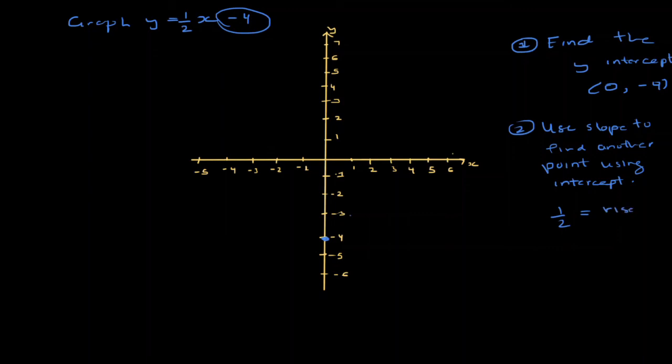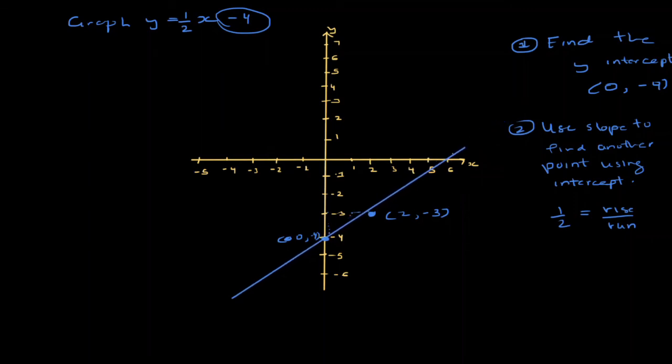Okay, so the slope is 1 half, which means the rise is 1, and the run is 2. So it goes up by 1, up to minus 3, and then across by 2. So we have 0, minus 4, and we have this point right here, which is 2, minus 3.